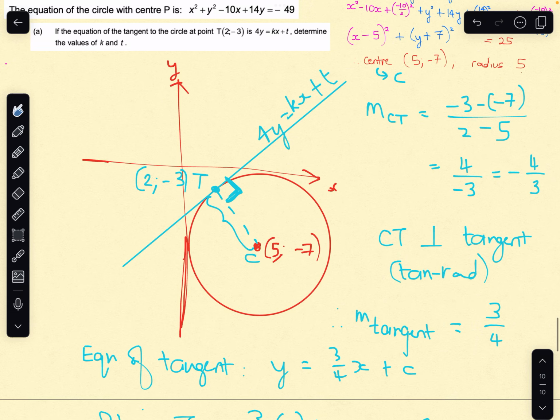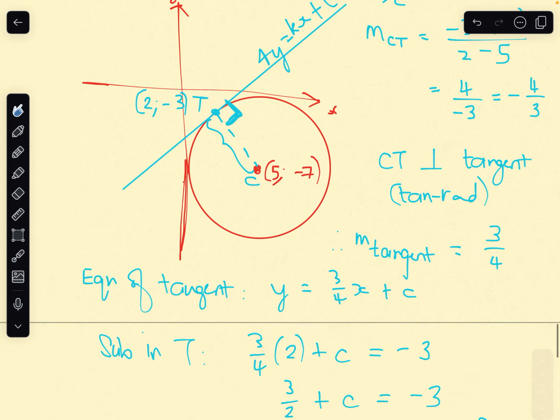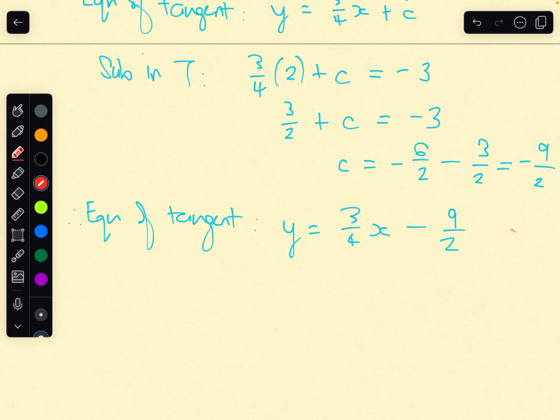But now we want the equation to be in this form, where we don't just have a y on this side, we have a 4y. So we need to times our equation through by 4, on both sides, so that the equation looks like this.